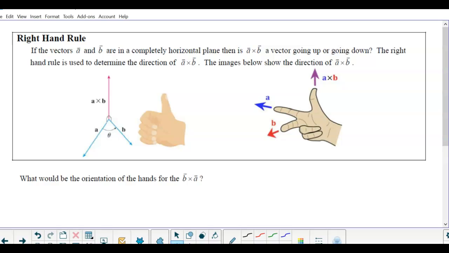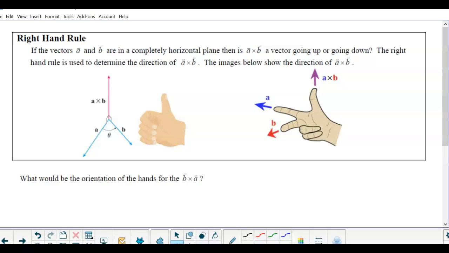If the vectors A and B are in a completely horizontal plane, so two vectors on a plane, which really can always be moved to that and still have the same direction. So if you move them up, so still horizontal, what's the direction of the normal?